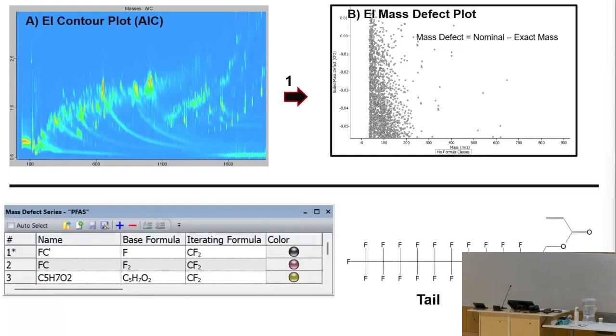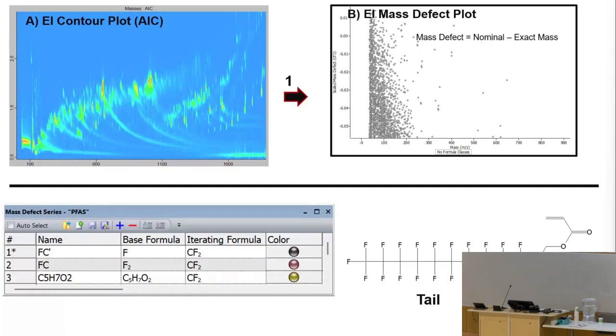Then I can target not one, not two, but a whole series of PFAS components. I don't have to look at them individually. I can target the tail because I know how these fragment, and I know that each CF2 is 50 m/z apart. And so I can build a target list or a mass defect series as shown on the left.